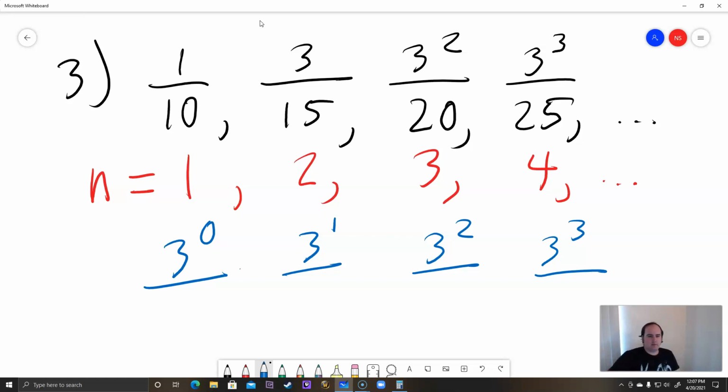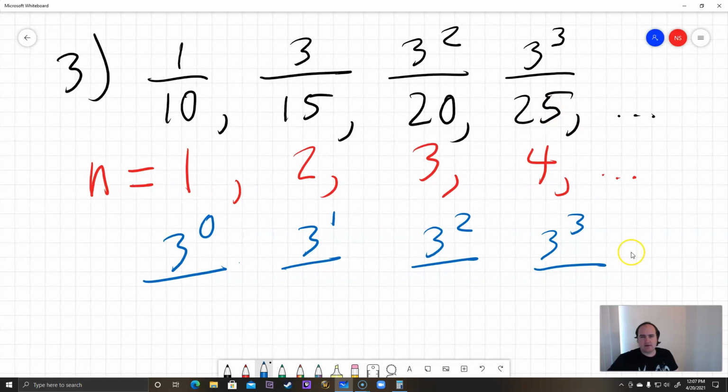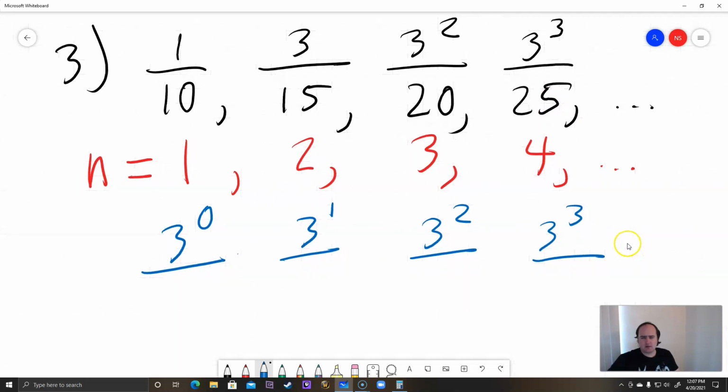And then for our denominators, it's a different pattern. So for the denominator, when n is 1, we get 10. When n is 2, we get 15. When n is 3, we get 20. When n is 4, we get 25. Now that's a little bit trickier. For that one, it's looking like we don't have powers.